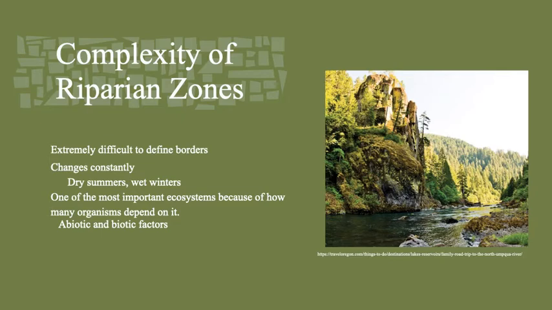I believe that both are correct, but it really is depending on what you want to study. So if you want to study just a specific area in a stream, then your borders are a lot smaller. But if you need to look at the entire landscape and how water moves through it, then you might need to look at that larger scale watershed.